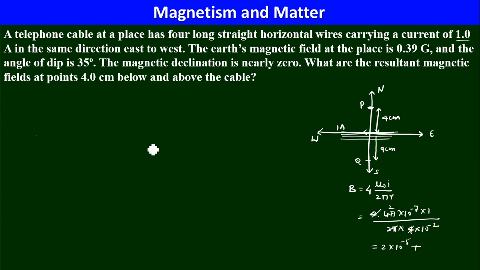Now this is the magnetic field at this location and this location. Since current is flowing from east to west, if you take your right hand thumb rule, you'll understand the magnetic field will be into the page at location P and out at the location of Q. Now he is saying that the Earth's magnetic field at this location is 0.39 Gauss.